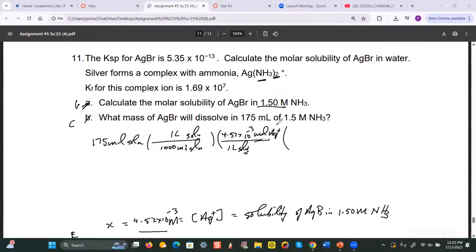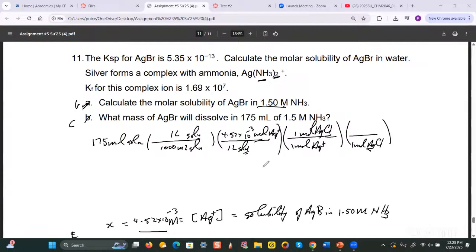And then the next conversion factor is that you're going to have 1 mole of silver ions down here, which is equal to 1 mole of silver bromide above. And then the last step is where we multiply the moles of silver bromide by the molar mass. So that would be 1 mole of silver bromide down here. And the molar mass, of course, you can get from the periodic table.